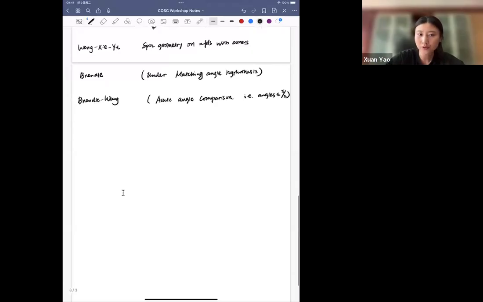It is actually a natural question to ask. For the Gauss-Bonnet formula, you can have a polyhedron comparison in dimension 2, and you also have a smooth version.